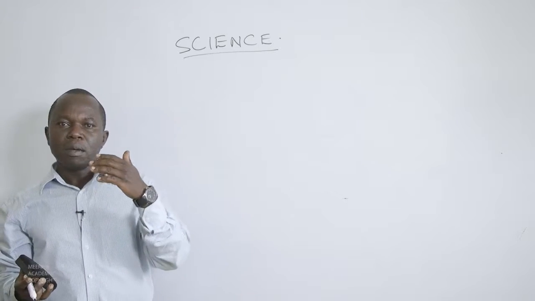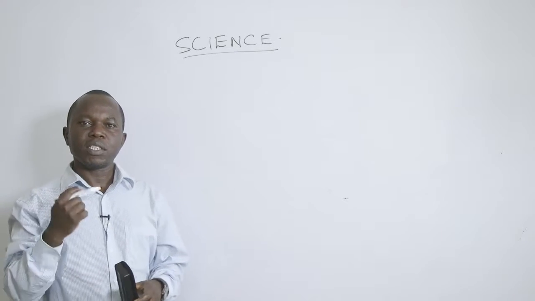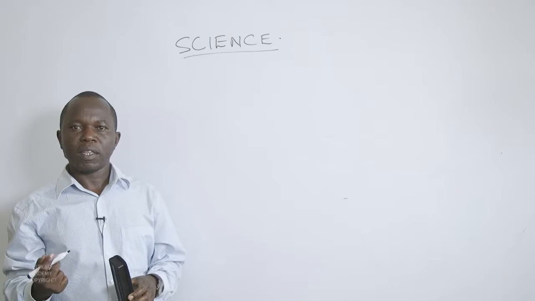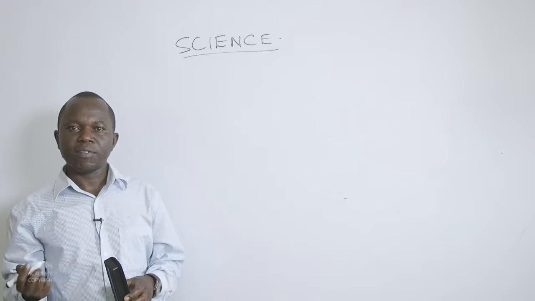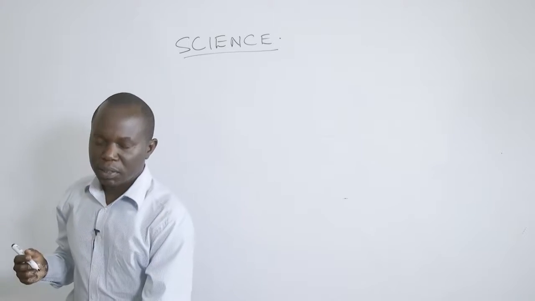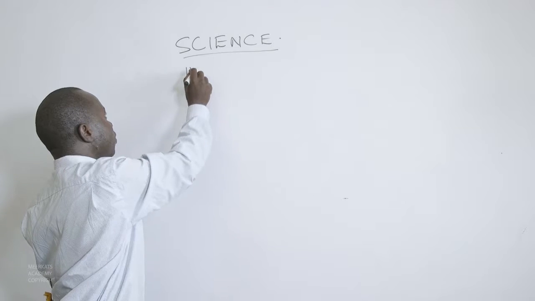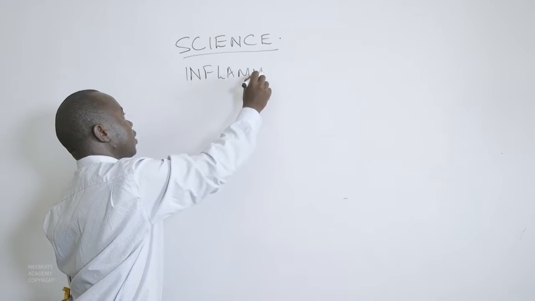So that biological response, natural biological response of body tissues, when it comes into direct contact with a harmful stimuli. In this case, the pathogen is a harmful stimuli. Is called inflammatory response. So today, our topic is inflammatory response.